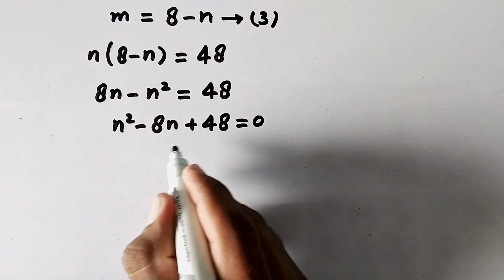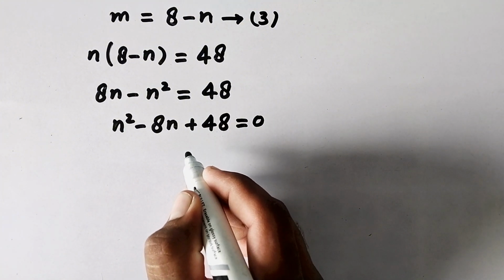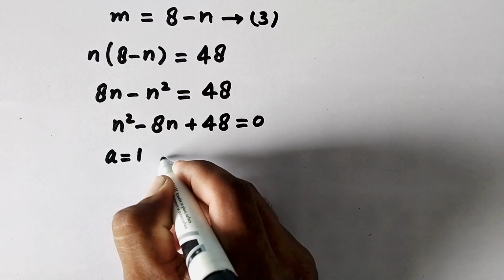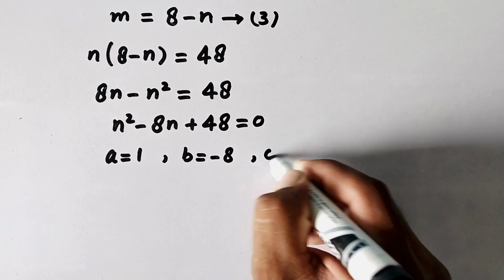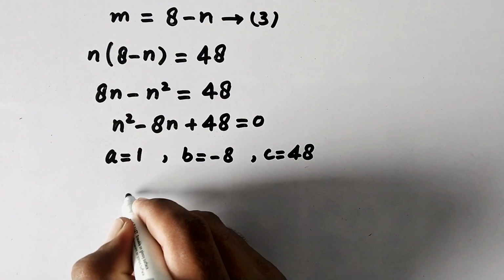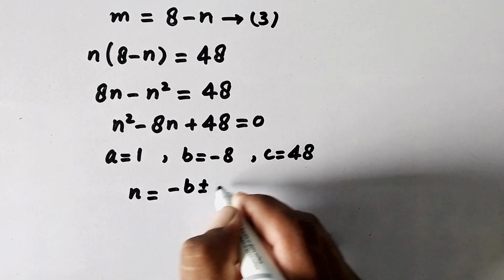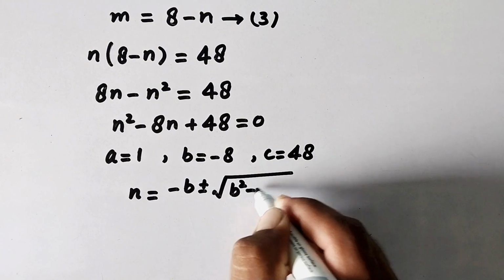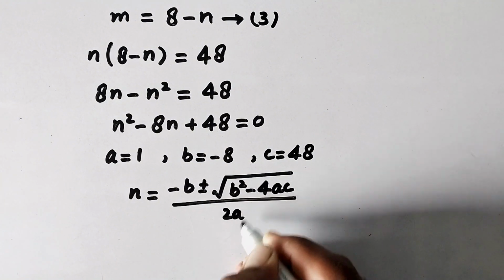So now, as here we have gotten a form of quadratic equation, we will solve it further using the quadratic formula. For that, the value of a is 1, b is minus 8 and c is 48. And the quadratic formula is, as we know, minus b plus or minus root of b square minus 4ac over 2a.